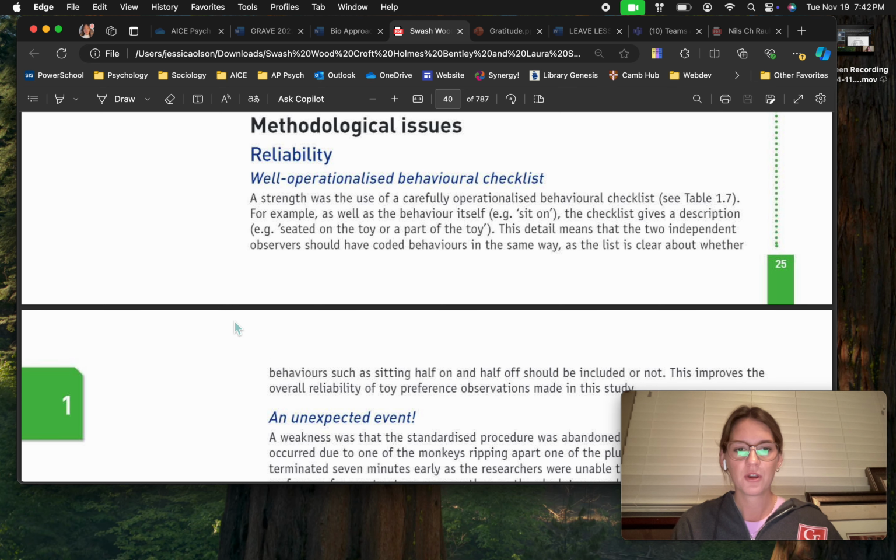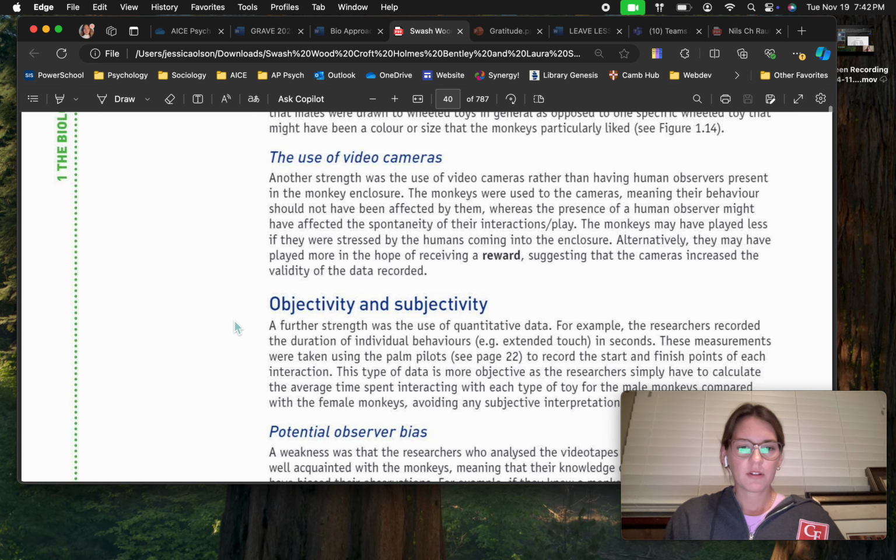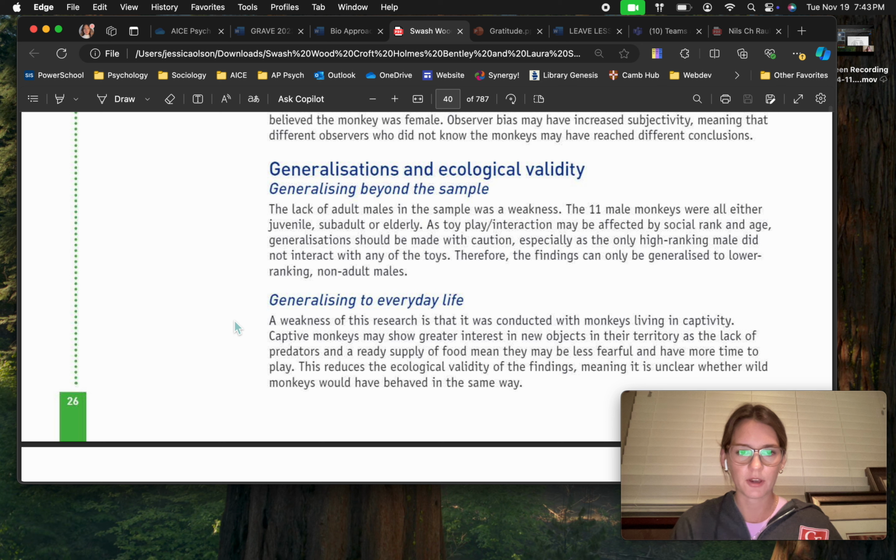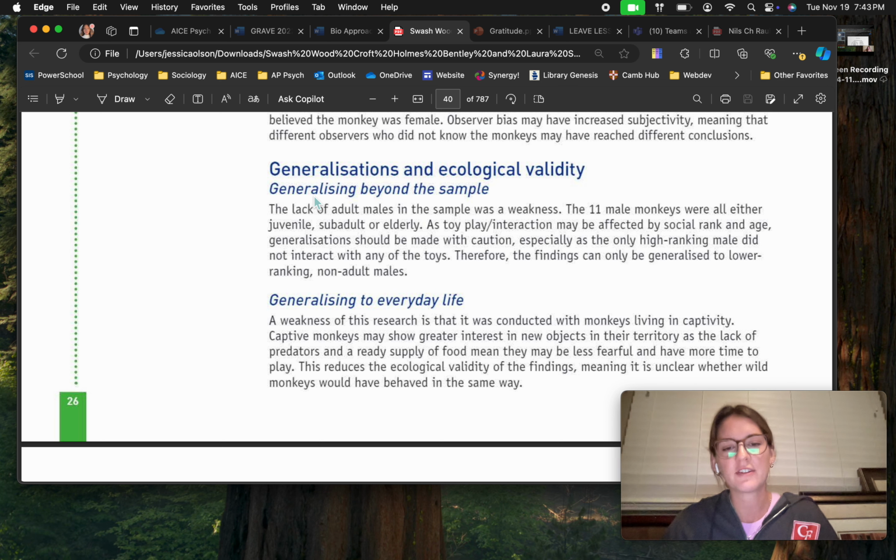So we have, let's start with generalizability. Here we go. The lack of adult males in the sample was a weakness. So we only had child monkeys. There were 11 male monkeys, and they were all juvenile, so that means all children, or elderly? I don't remember this.